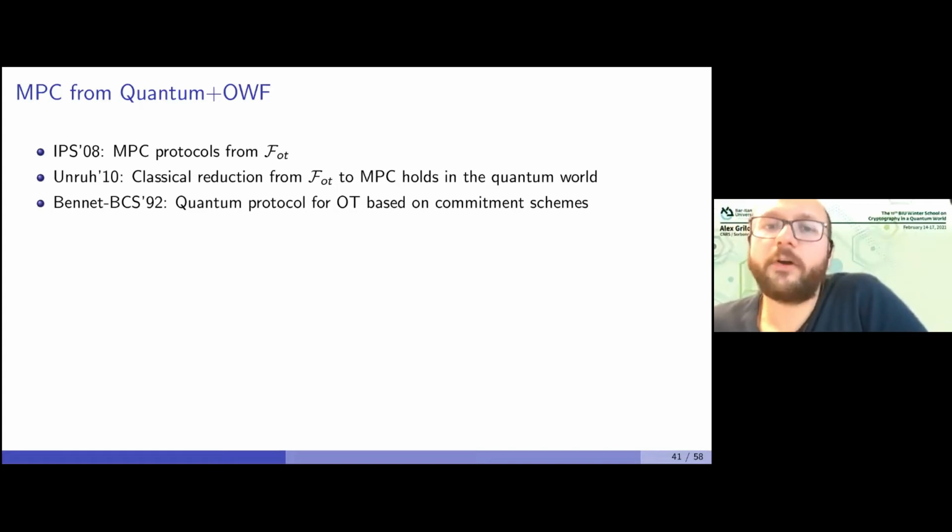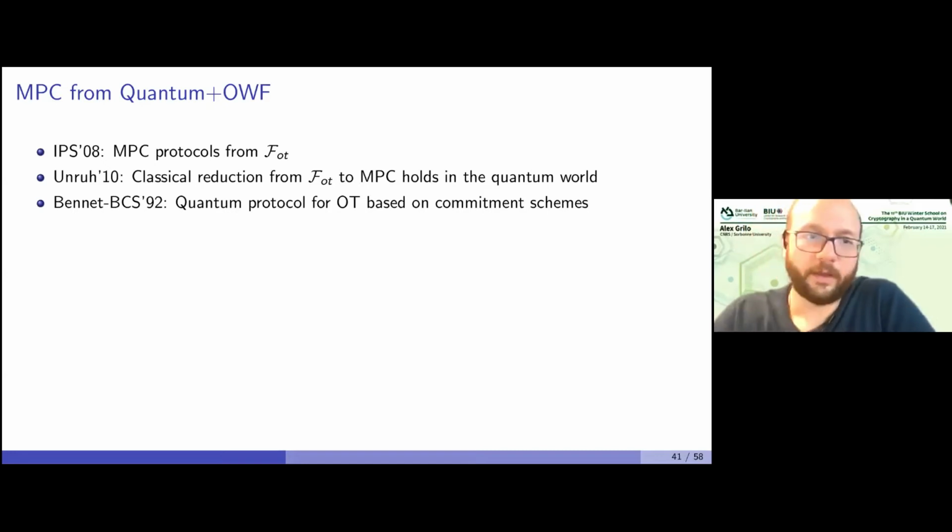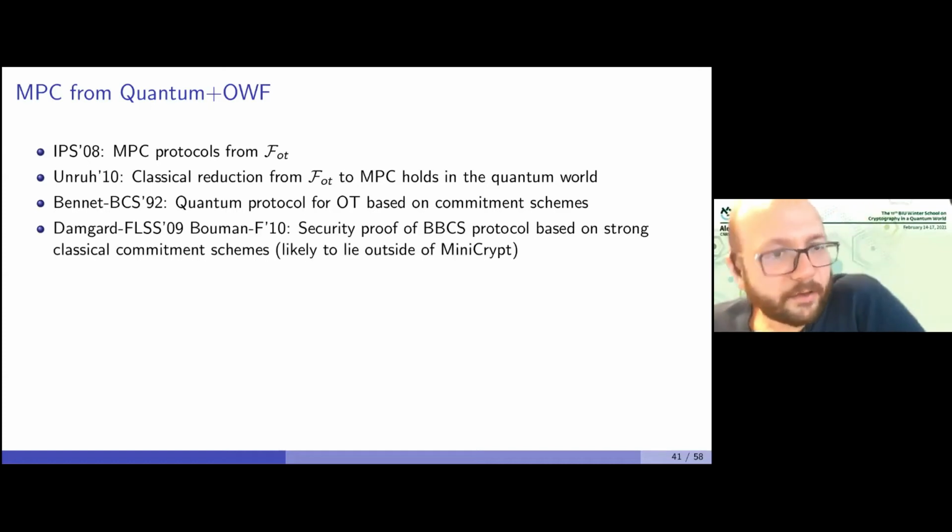These are a bit stronger commitment schemes that I'll describe in more detail later. BBCS proposed this protocol, but its security proof only appeared almost 20 years later, in these two works that show that we can finally prove the security of the BBCS protocol if you have these strong classical commitment schemes that I mentioned.